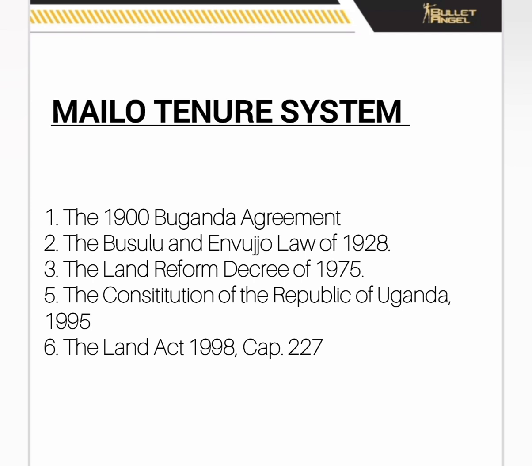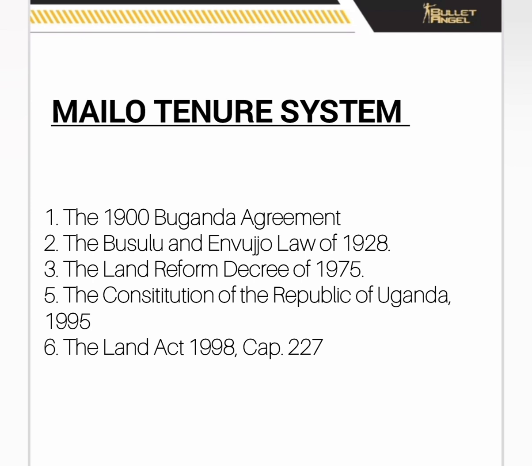So who is a bona fide occupant? Section 29(2) provides that a bona fide occupant means a person who, before the coming into force of the Constitution, had occupied and utilized or developed any land unchallenged by the registered owner or agent of the registered owner for 12 years or more.